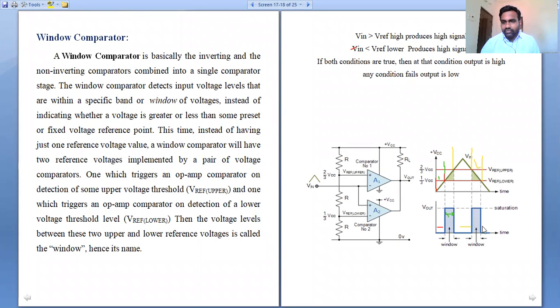And again here we have a window, and at the last instant the input voltage is less than the lower threshold value, but again the input voltage is less than the upper threshold value. That's why again the output voltage is low.